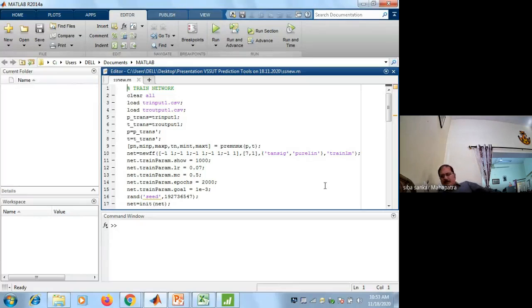Whether you use a toolbox or write a program in MATLAB, all the data must be stored in a file.